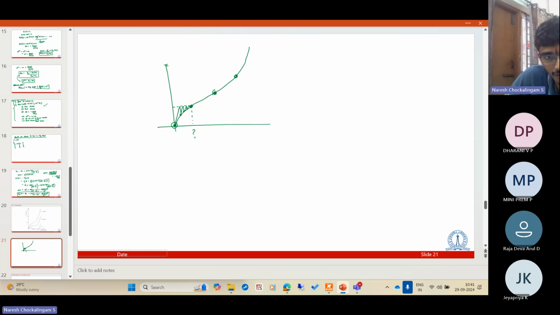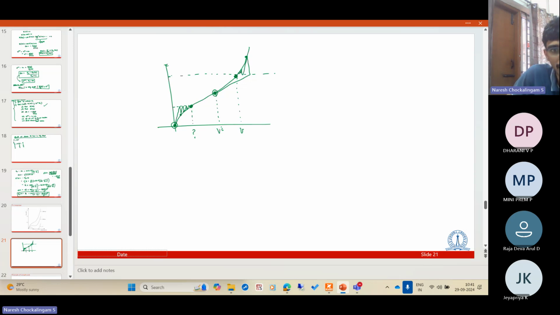Similarly, when I want to go from this point to the next point, I have to start somewhere. Say this is Vi, and this is the next step V, the converged V. I'm using Vi as an estimate. I'll draw a tangent like this, find out what the force is there, then draw another tangent, find the force there, and so on.